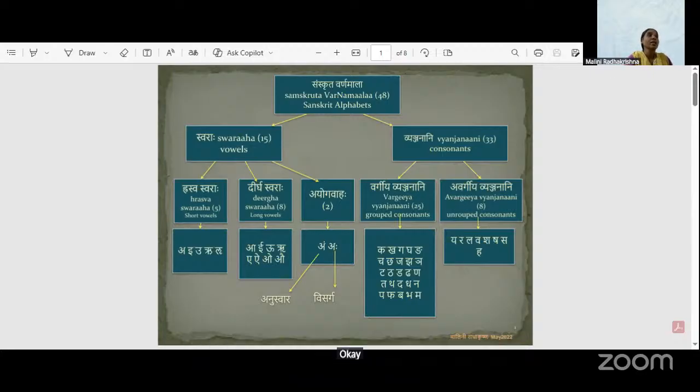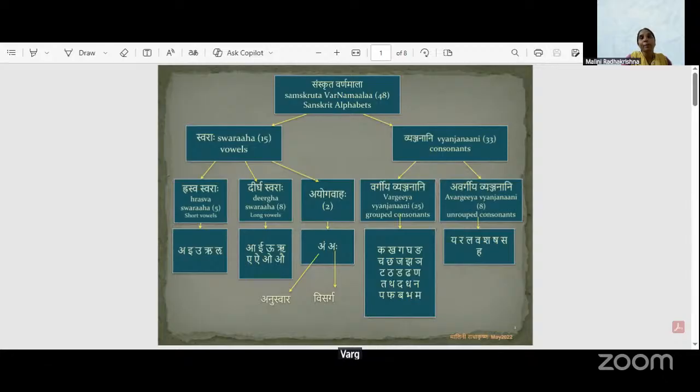Now the first category, swaraha or vowels, we finished. The second category is consonants or vyanjanani. Totally we have 33 consonants. Amongst the 33, we have 25 consonants grouped together. They are called grouped consonants or vargiya vyanjanani.